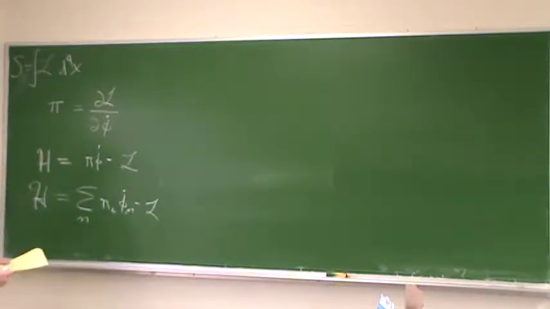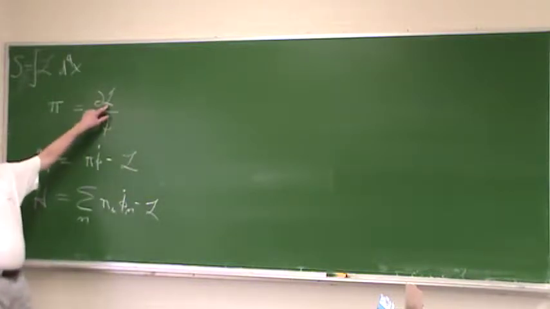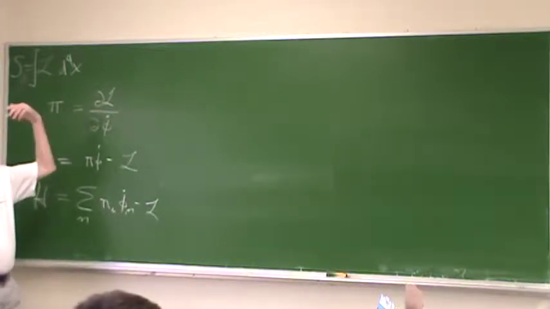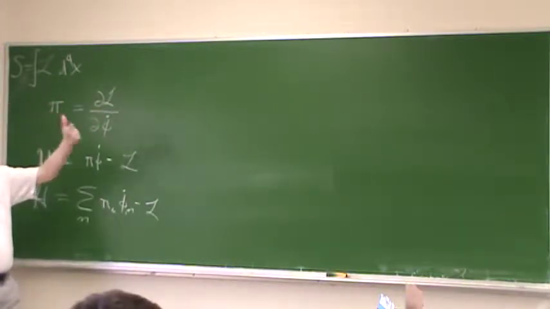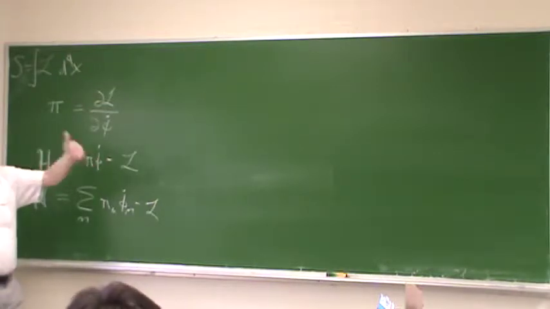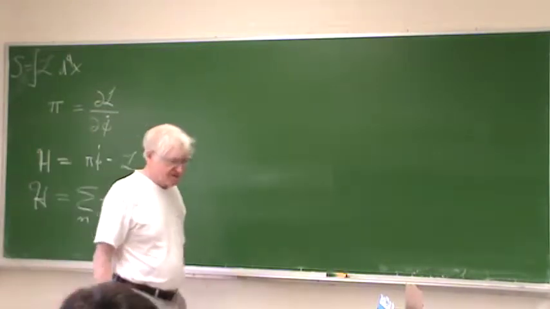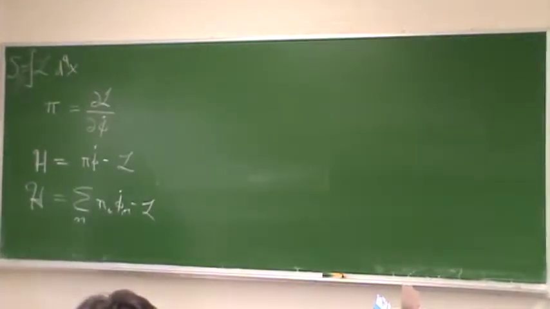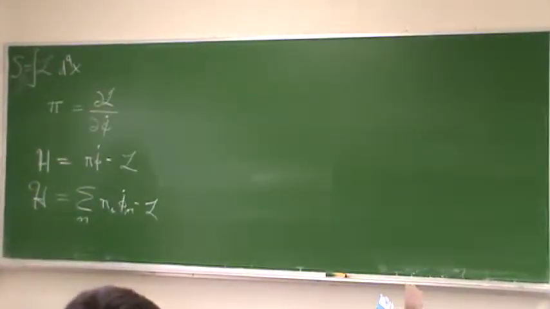Now, we normally restrict ourselves to action densities that involve the field or fields and the first derivatives of the fields, and normally not higher derivatives of the fields. That is just what we do normally and what we'll do in the standard model and so forth.